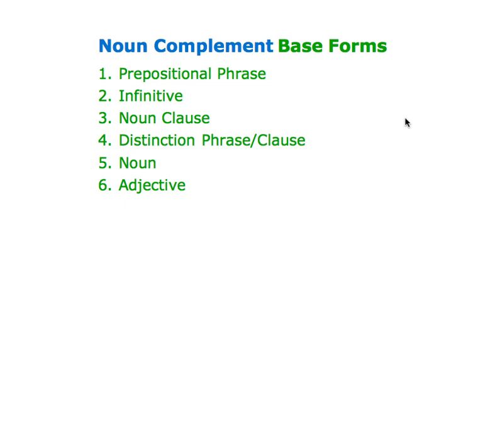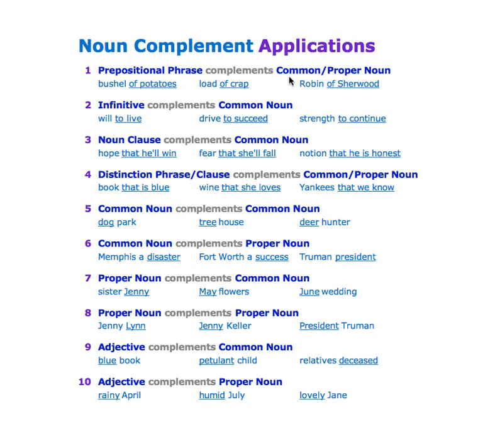So what we're left with in the end is we still have our base forms, the 6 base forms. We talked about that in many videos. And then we have a list here. This is showing just the applications. We're just listing them so you can see them clearly. And you have 1 through 10.